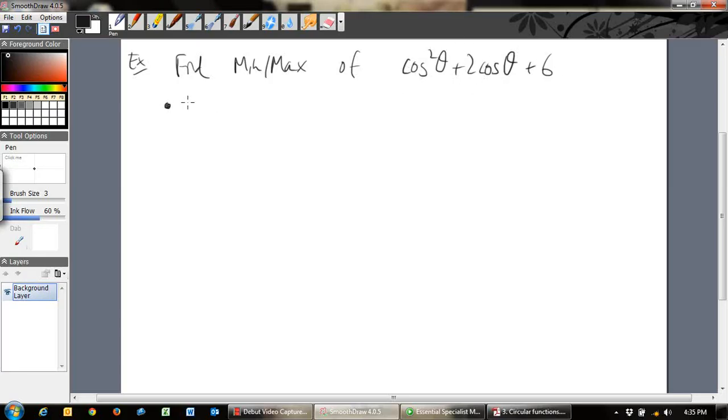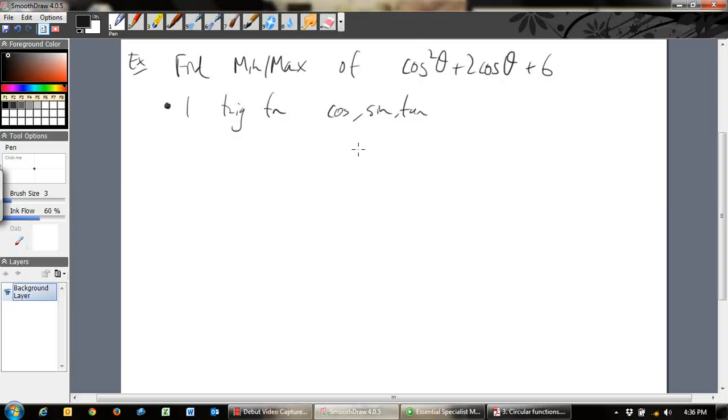At the moment it's got cos squared and cos, which is confusing, and you can't think what values it should take. We don't want one cos and one sine; we want just one, either a cos, a sine, or a tan. If you can factorize it or do something to make it look like that, then you're on to a winner.